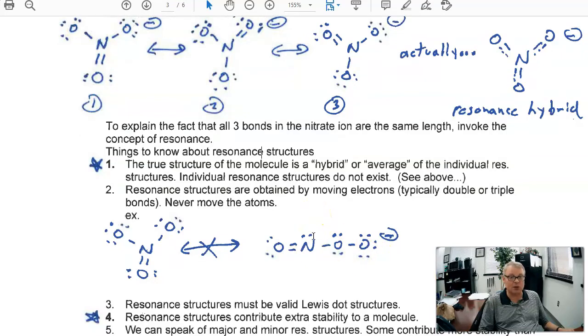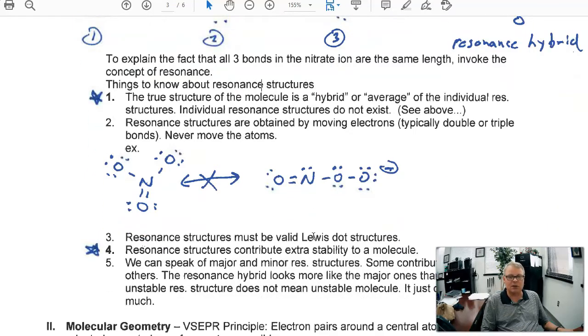Okay? Is there a reason why? There is a reason why. We'll probably get to it in the next chapter as to why they don't move, but that's what you need to know. Okay? Third thing, which I alluded to a little bit earlier, resonance structures must be valid Lewis dot structures. If I draw a resonance structure for something and it's got 6 electrons around a hydrogen and 4 electrons around a carbon and 16 electrons around a sulfur or something like that, not a resonance structure.